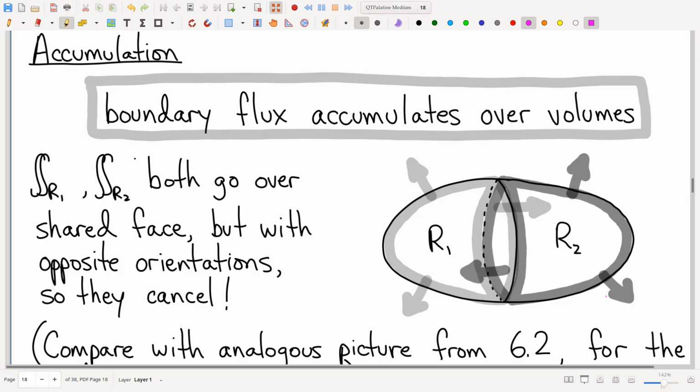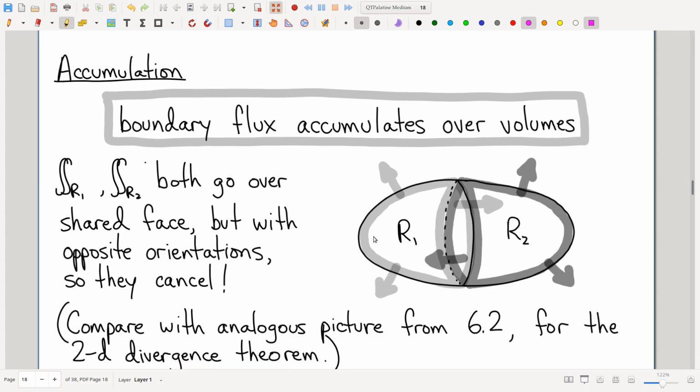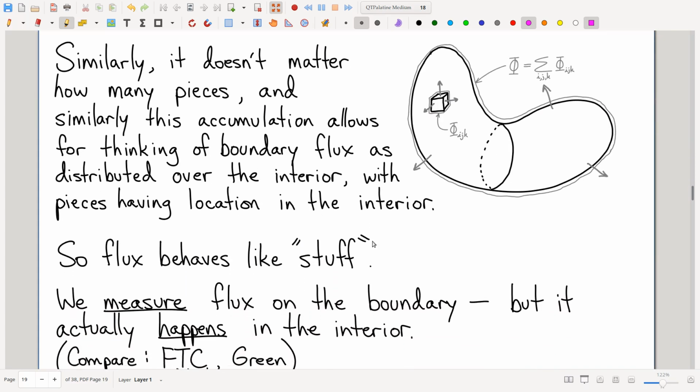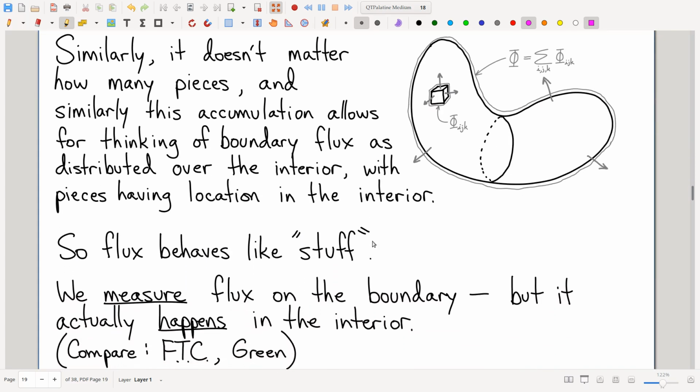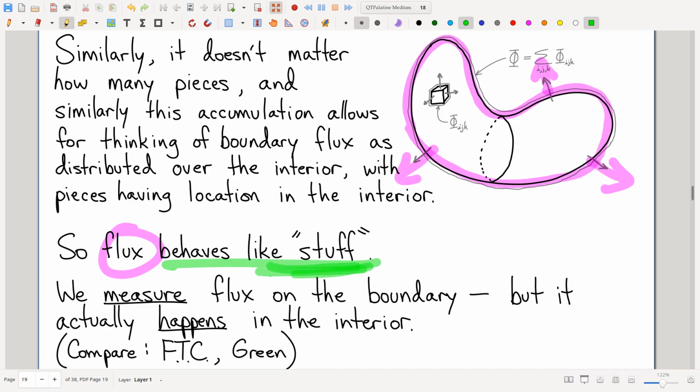So, here we go. I'm going to view it as being stuff distributed over the interior. Now, of course, flux actually is computed on the boundary. After all, it is literally boundary flux, but it behaves as if it's distributed across the interior, because the whole is the sum of the parts.